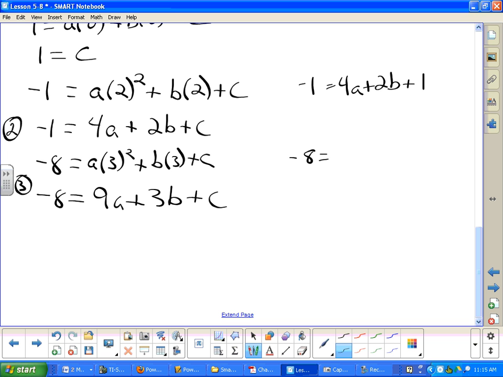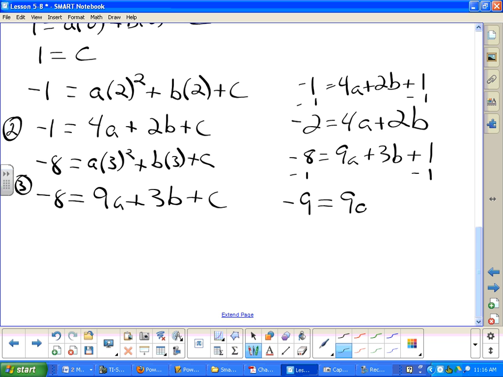And negative 8 equals 9a plus 3b plus 1. Now, since I want my variables on separate sides so I can do either substitution or elimination, I need to subtract 1 from both sides, here and here. So we get negative 2 equals 4a plus 2b, and negative 9 equals 9a plus 3b.